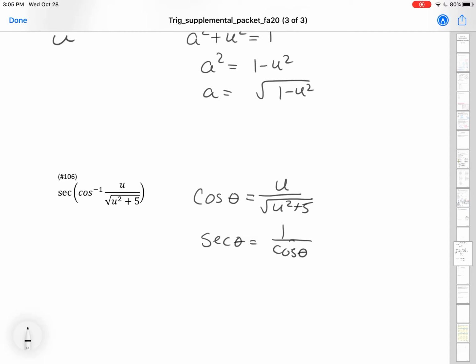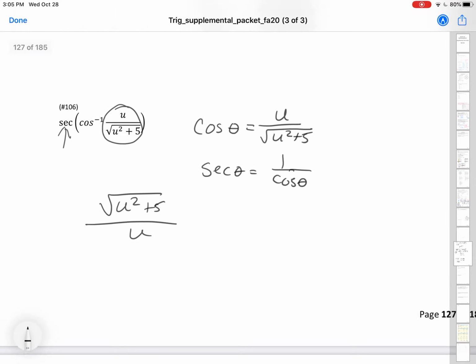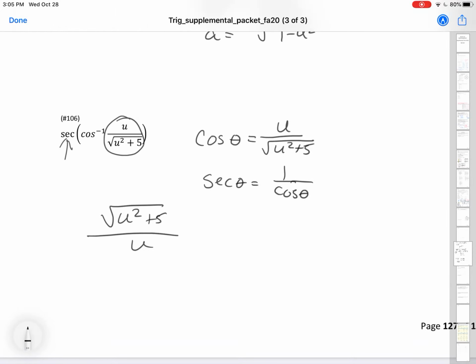So there's nothing to do here other than to apply your trig relationships and say the answer is the square root of u squared plus 5 all over u, because that's what a secant would do. It would flip a cosine value. Remember, this is the value of the cosine. What we're not seeing is the angle, but who cares? Because in the end, we're applying a trig function and we never even need to know the angle. That's the power of trig, that we can get by not knowing some things and just manipulate what we already know.